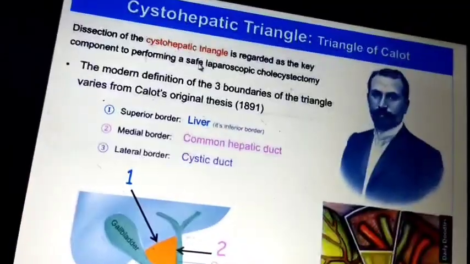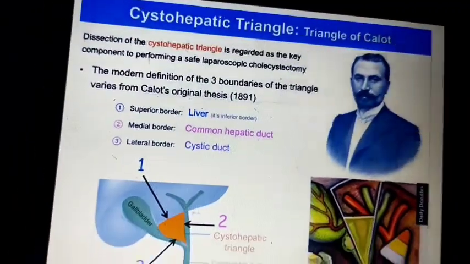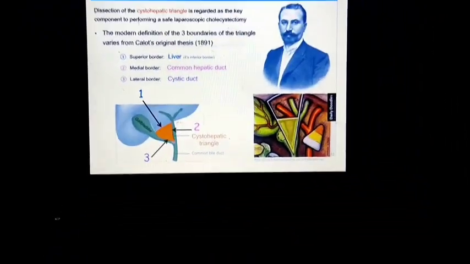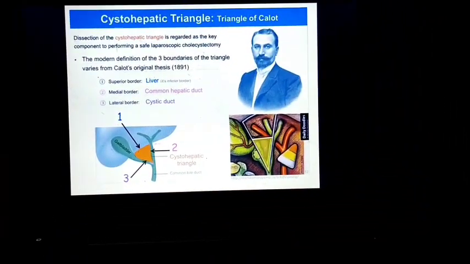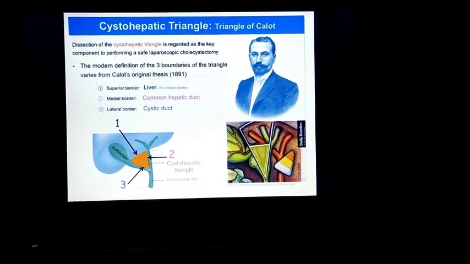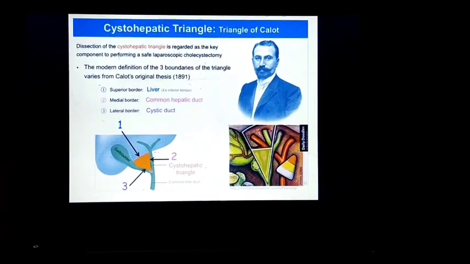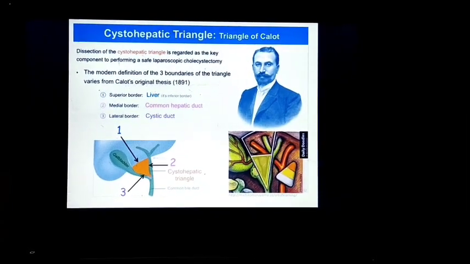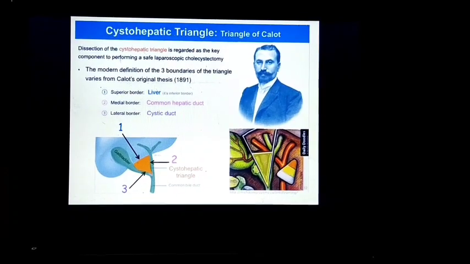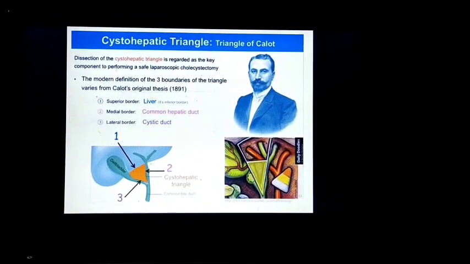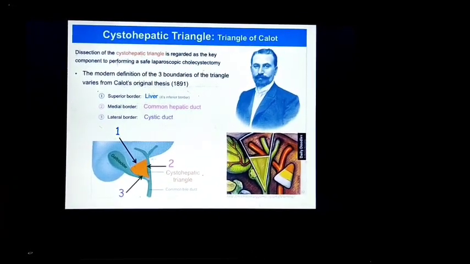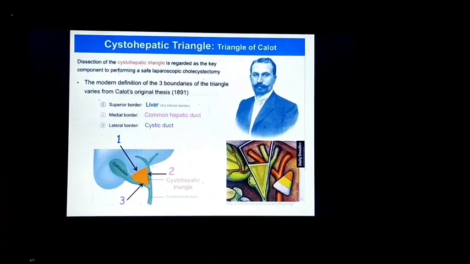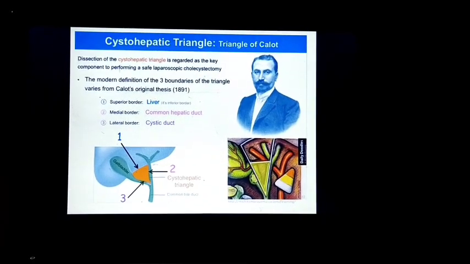Can go for the next slide. The cystohepatic triangle, or triangle of Calot. Dissection of the cystohepatic triangle is regarded as the key component to performing a safe laparoscopic cholecystectomy. Cholecystectomy means removal of the gallbladder. The modern definition of the three boundaries of the triangle varies from Calot's original thesis.